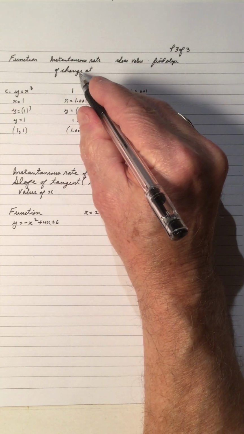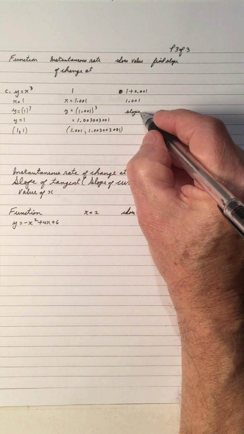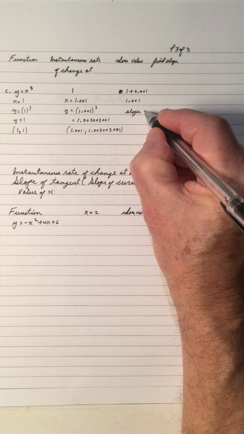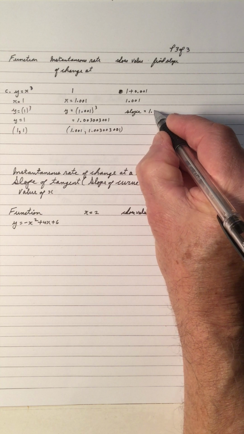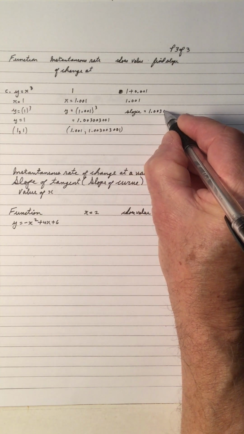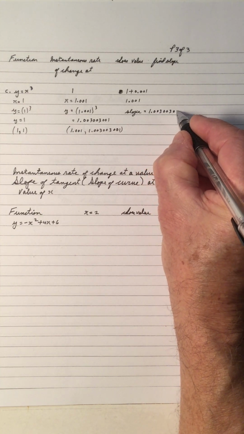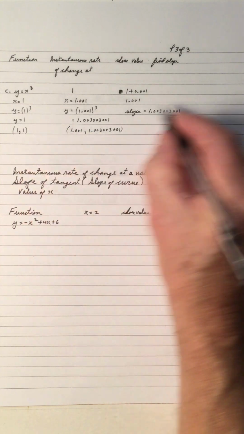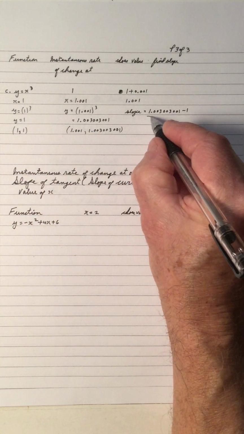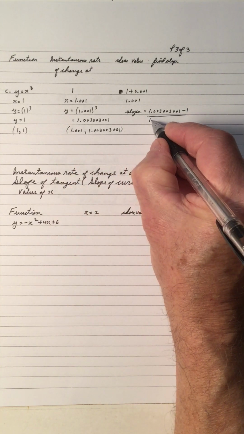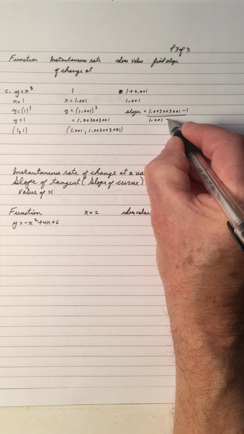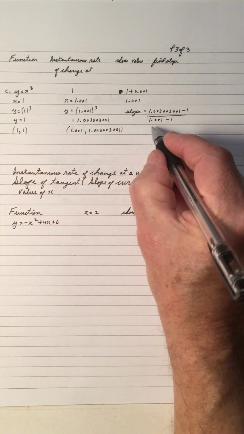So the instantaneous rate of change at 1 is the slope of the tangent at 1. So that slope, this is y2, 1.003003001 minus y1, which is 1, over x2, which is 1.001, subtract 1, which is x1.